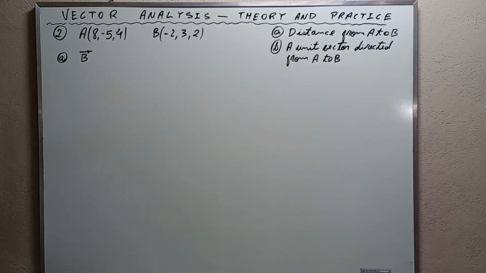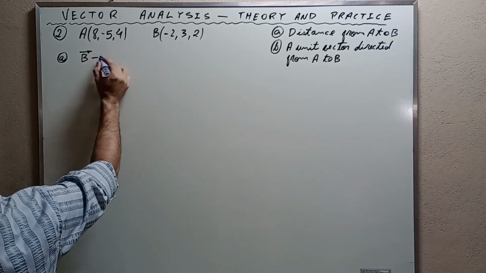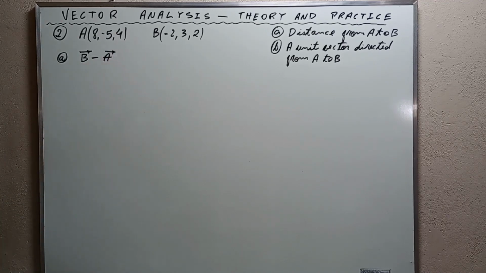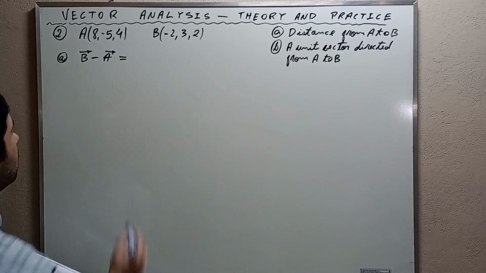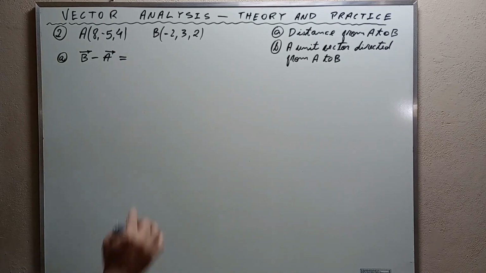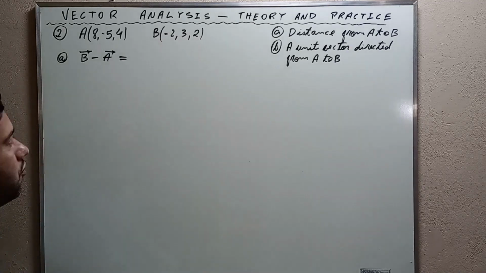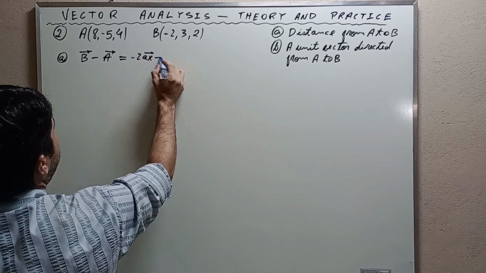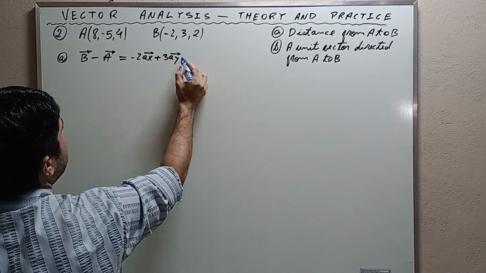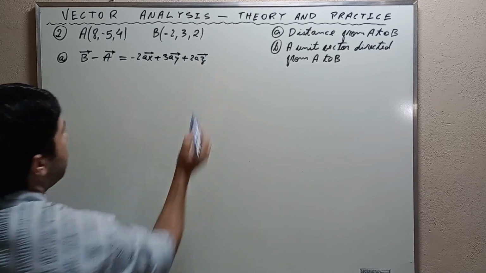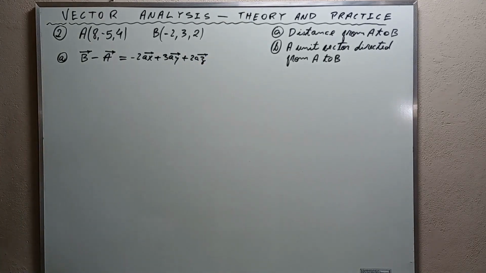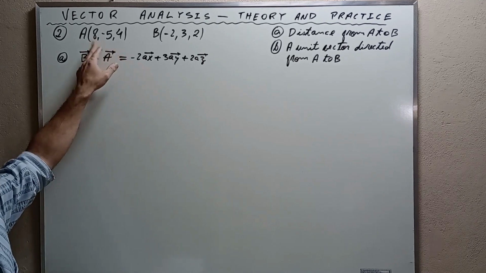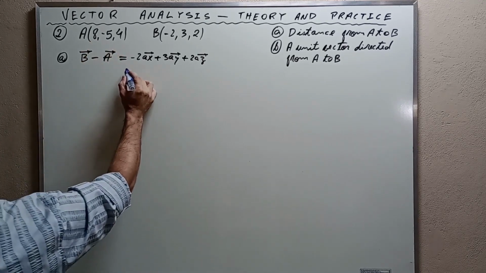The vector from the origin to point B minus the vector from the origin to point A. For vector B, we simply take the coordinates negative 2ax plus 3ay plus 2az, and we subtract vector A from this.